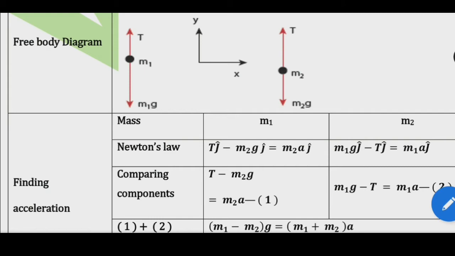By comparing the components on both sides, now we get the equation T minus M1g is equal to minus M1a. So M1g minus T is equal to M1a.